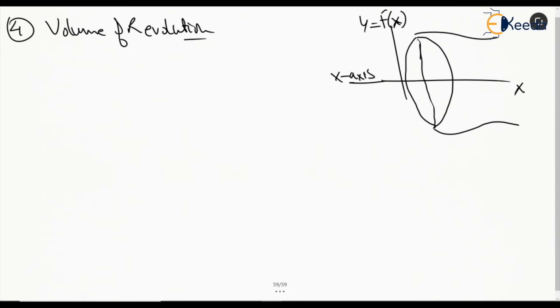every position of x is equal to, let's say, a, there will be a certain function value y is equal to f of a. Right? So this will make a revolution and form a body something like this. Right?